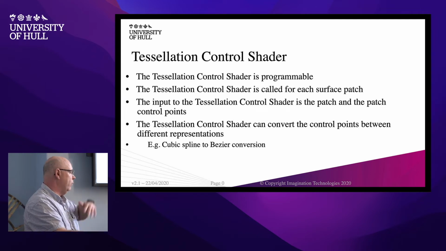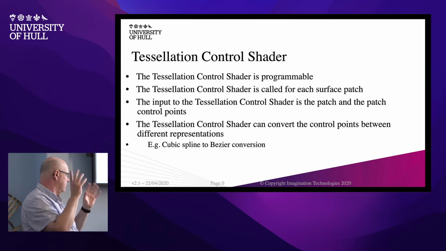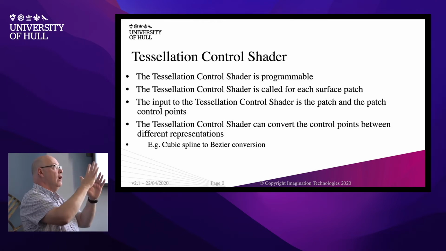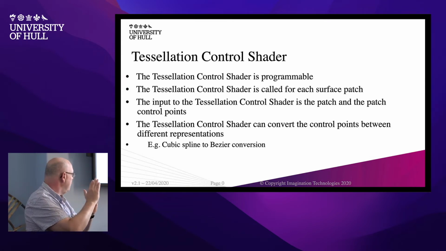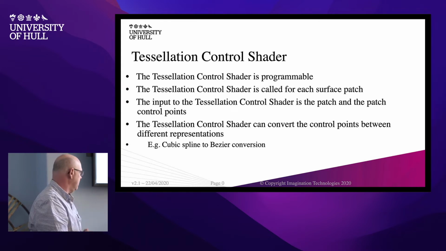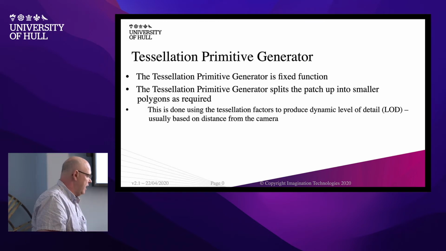And as I say, you give it lots of different things like control points, and you can even do Bezier conversions and lots of mathematics things. But essentially, at this point, the control shader is working out how it tessellates, how it splits up that patch, such that it can be displaced in the future.